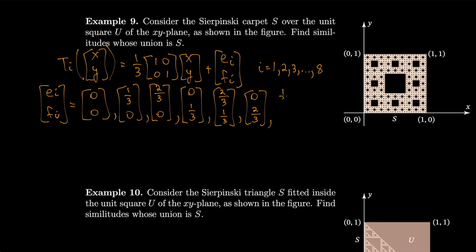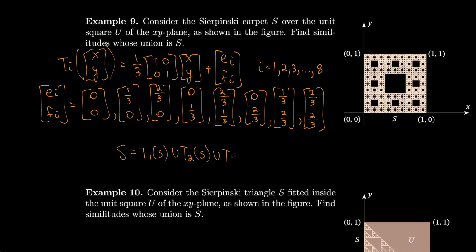And we could move to the right 1/3, up 2/3. And then the last one would be at 2/3, 2/3. So then S would equal the union of T1s, union T2s, union T3s, and so on, all the way through T8s.